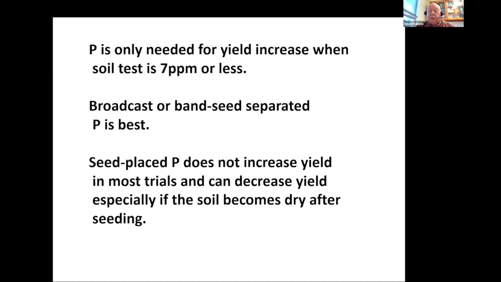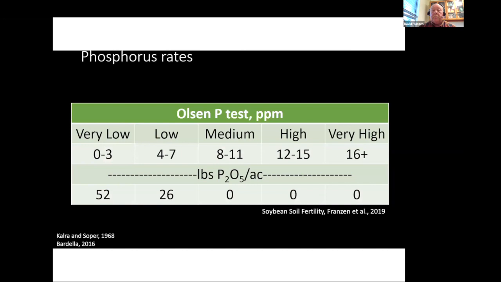Broadcast or band seed separated, as Greg was pointing out, not with the seed, but separated. Seed-placed P doesn't increase yield in most trials, and it can decrease yields, especially if the soil becomes dry after seeding. So we definitely don't want to recommend that.